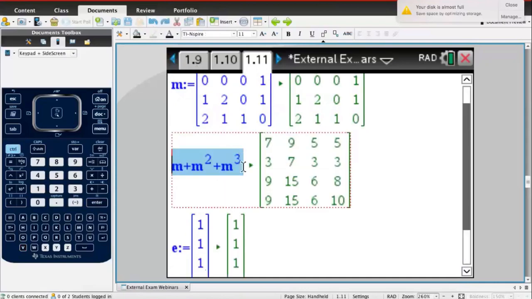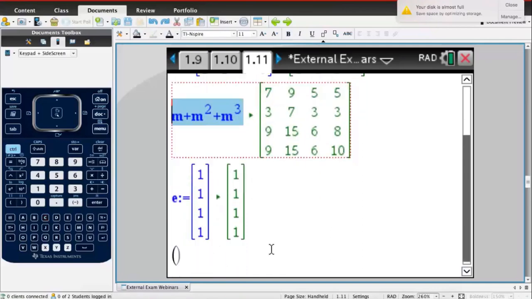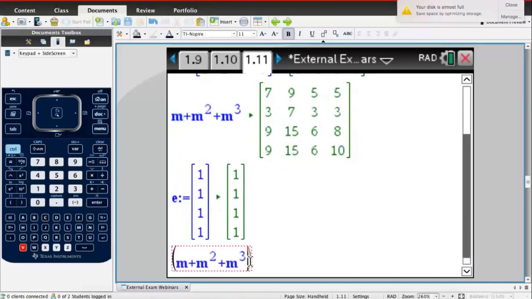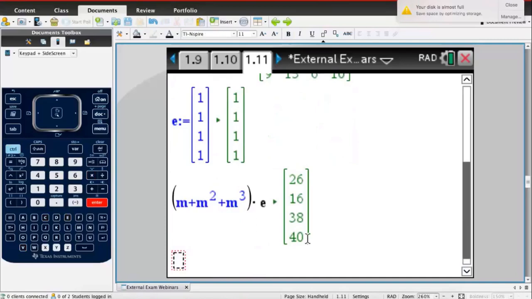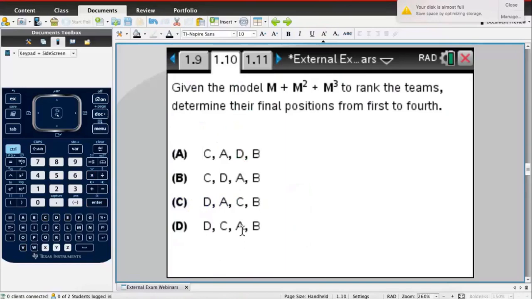So grab our model, and copy, and then we need that in brackets and multiply by matrix E. So what that will do, it will sum up all the rows. So you can see D's got the highest points, then followed by C, followed by A, and then B. So I think that was answer D.